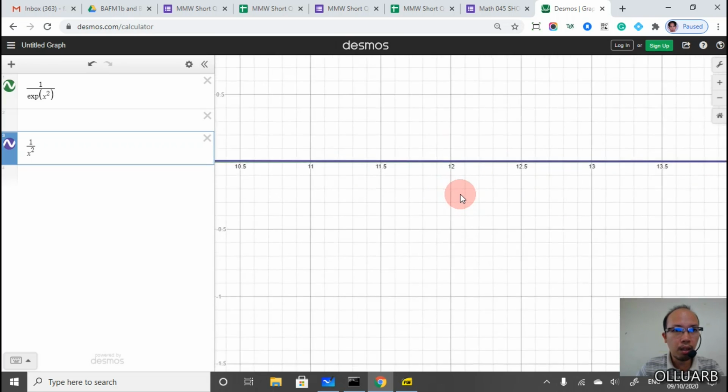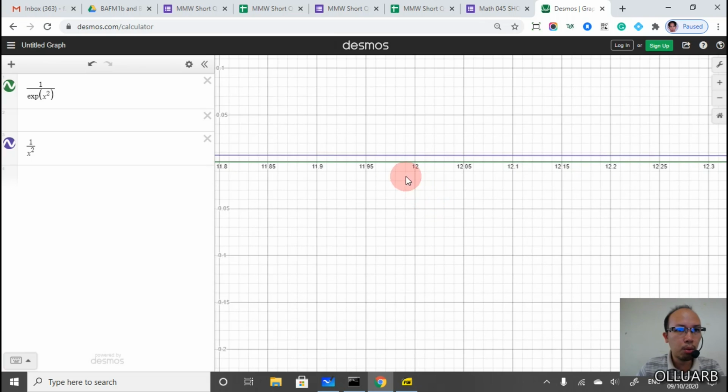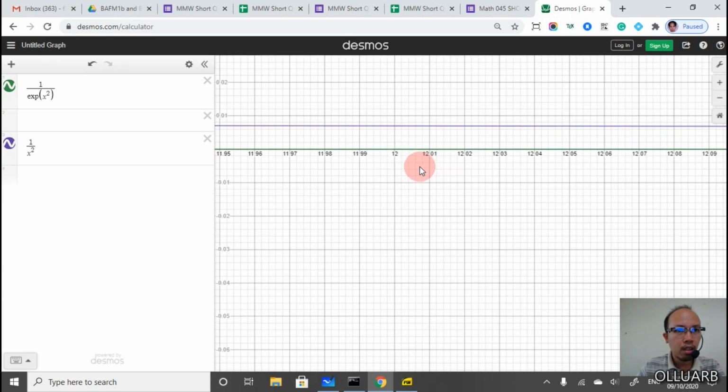But if you zoom out, clearly the purple one, 1 over x squared, is much bigger than 1 over e to the x squared.